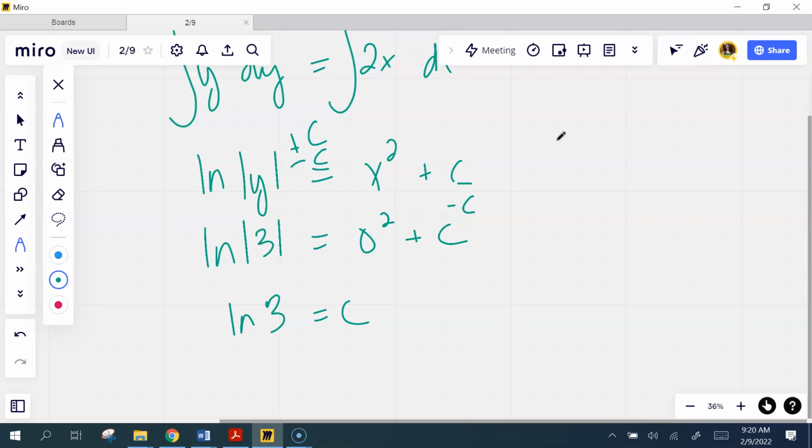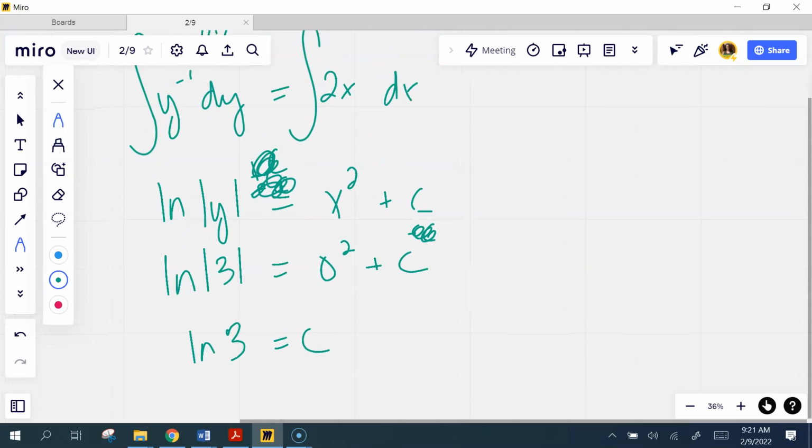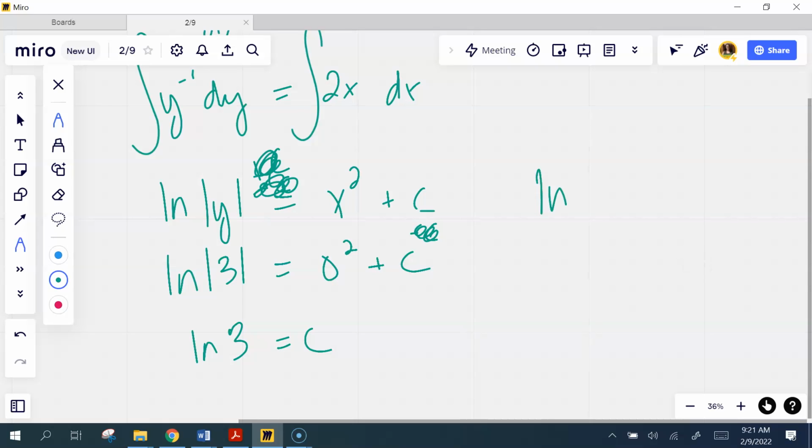It doesn't matter what side, because you could have minus c. I always put it on the dx side. That's general practice. All right, so now I have log of y equals x squared plus log 3.